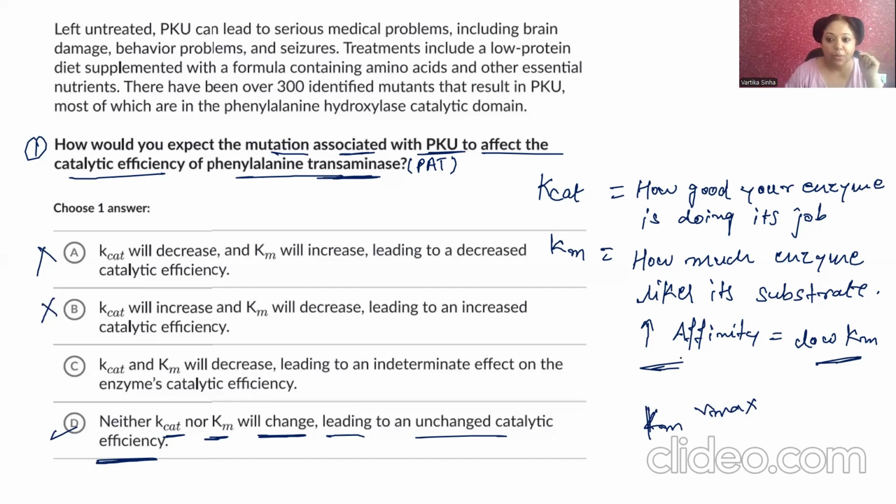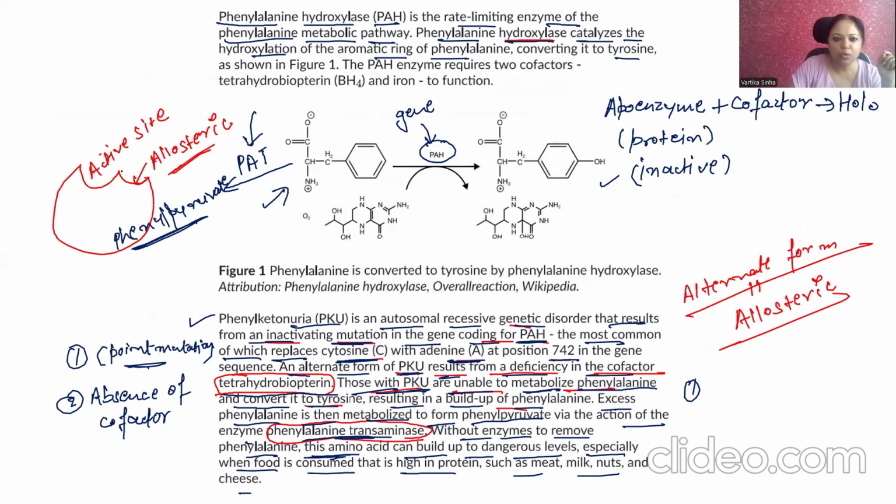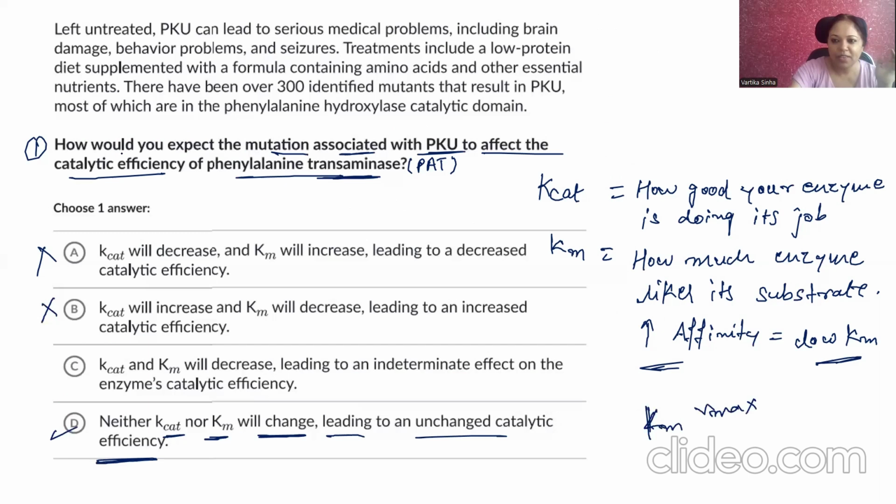Now the point is that there's no inhibitor in this question. There's nothing which will come and bind to the allosteric site. Basically, changing a gene in PAH is not going to affect PAT. This is the first thing. The other thing is that these two are intrinsic properties of the enzyme, and so they will remain unchanged, right?